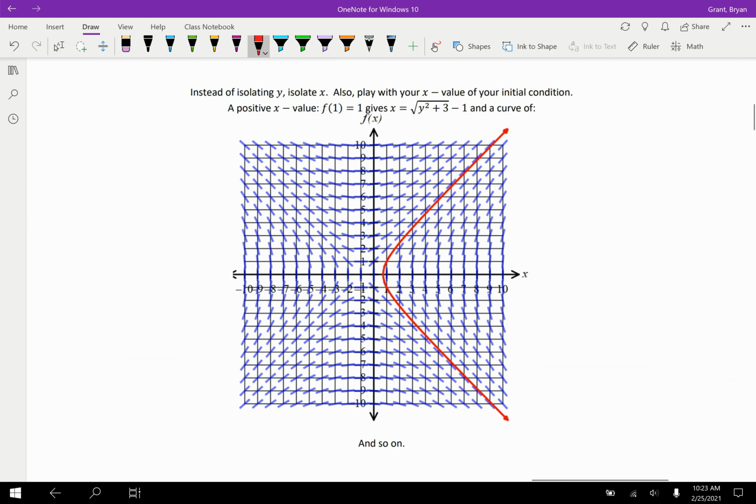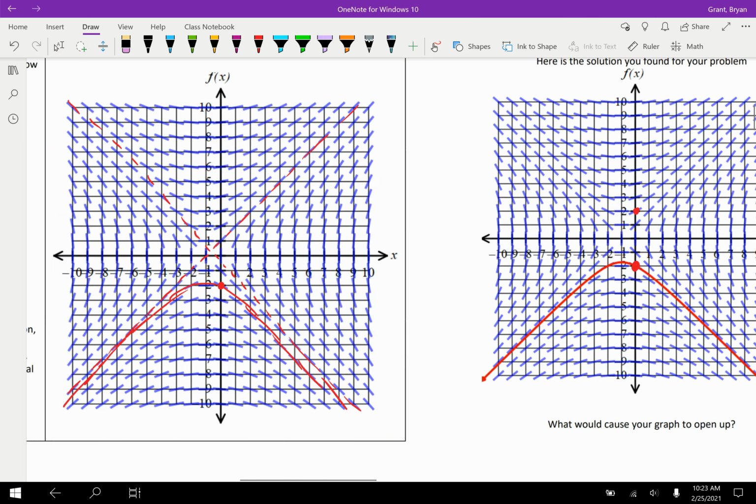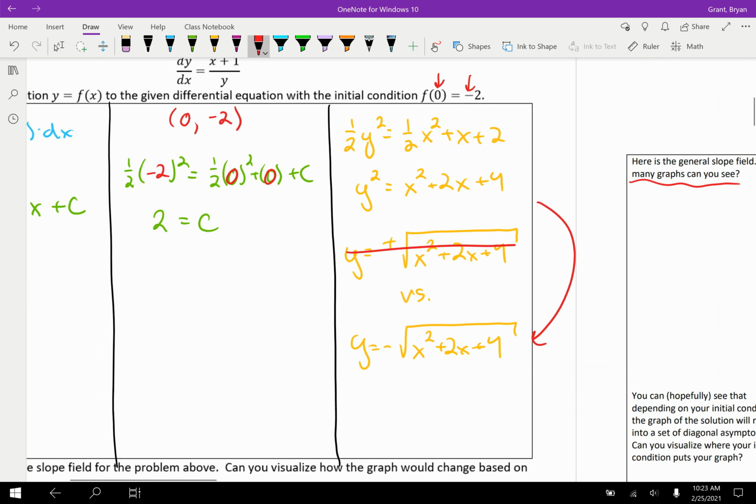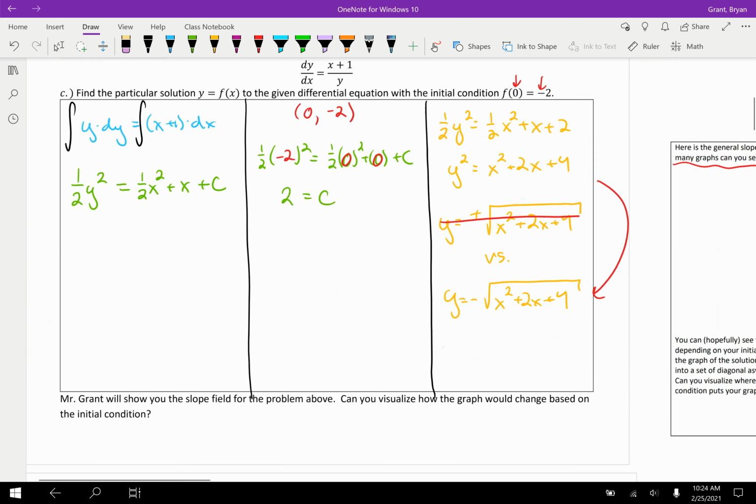Or, well, I didn't do the other one, but -1, 1 would cause your graph to open to the left. So don't forget that these differential equations can have multiple solutions. And if you find multiple solutions like a plus minus, you are required to choose the correct branch there that matches or contains your initial condition.